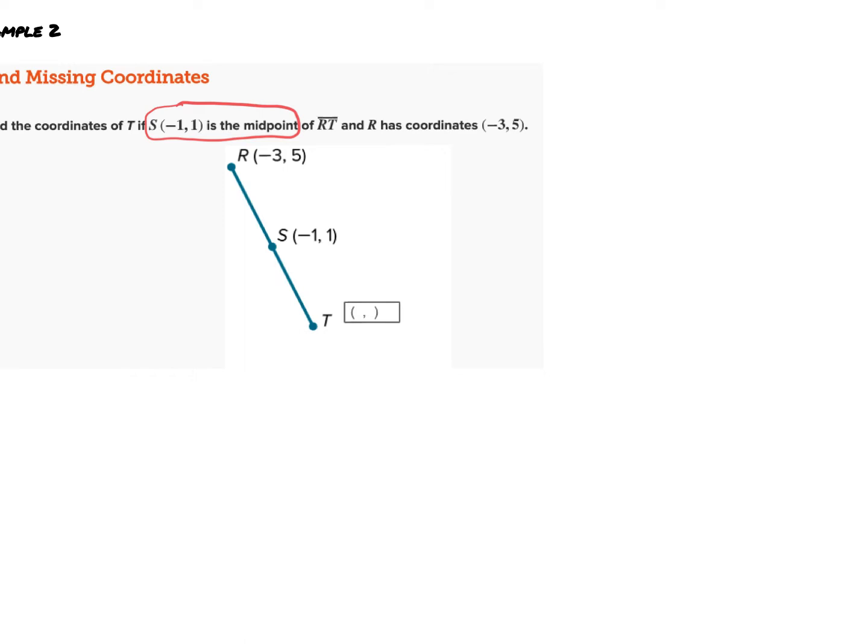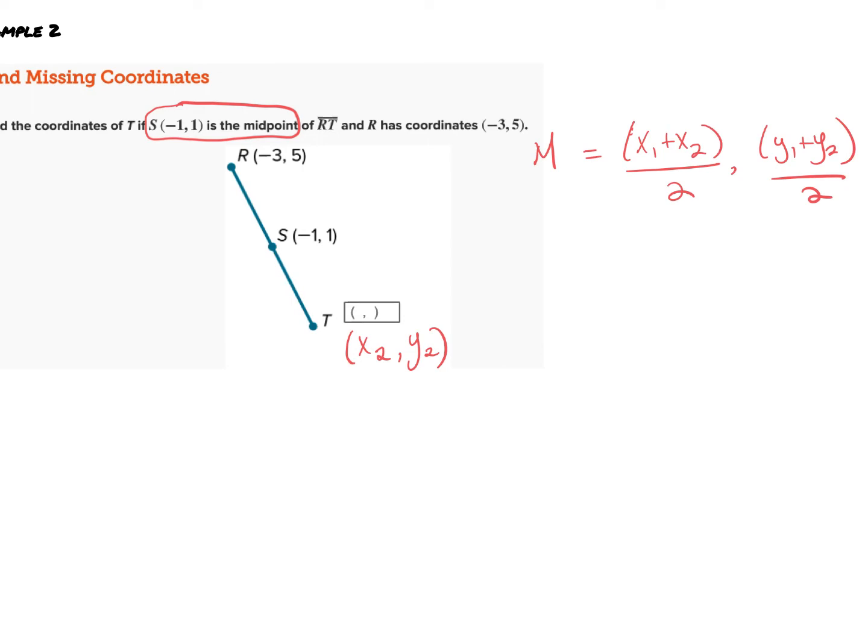So of course, to find the coordinate of point T, we're looking for the second x and the second y value of our midpoint formula, which is the sum of the two x values divided by 2, comma, the sum of the two y values divided by 2.